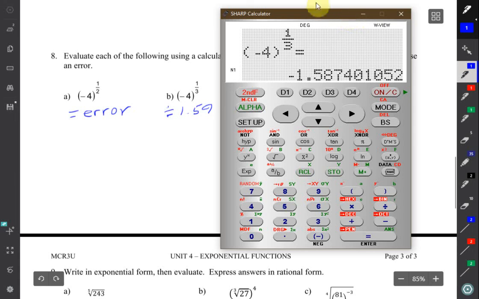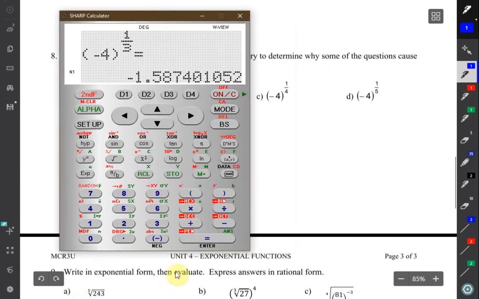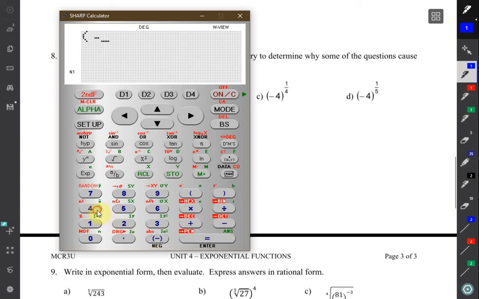Minus 4 to the exponent of 1/4 gives me an error.